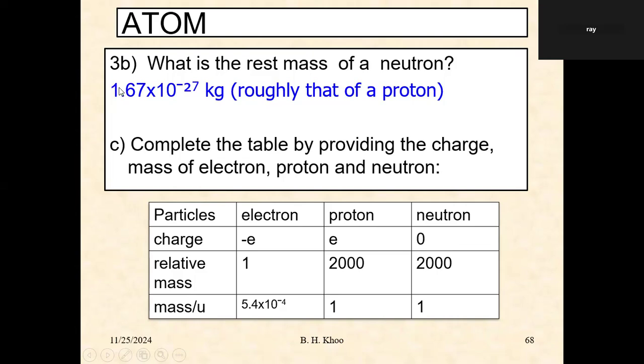Just give it as roughly that of a proton. And you should be able to fill out the table. That's the answer for the table. So neutron and proton have the same mass, roughly. Neutron is slightly heavier, but significant-figure-wise it will be almost the same in this case.